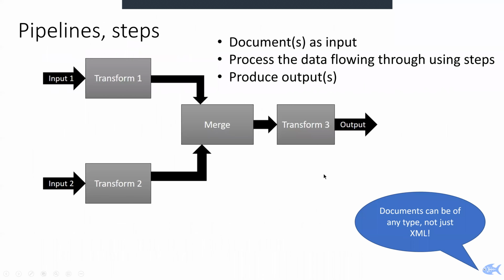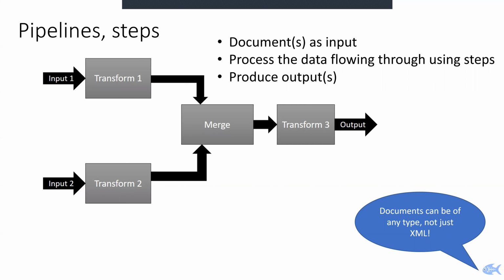So let's have a look at pipelines. What actually is a pipeline? A pipeline is something with one or more documents as input that processes the data. It flows through steps. This flowing can include merging, it can include splitting, and then it produces output or multiple outputs. Inputs can be of any type, as the fish points out.